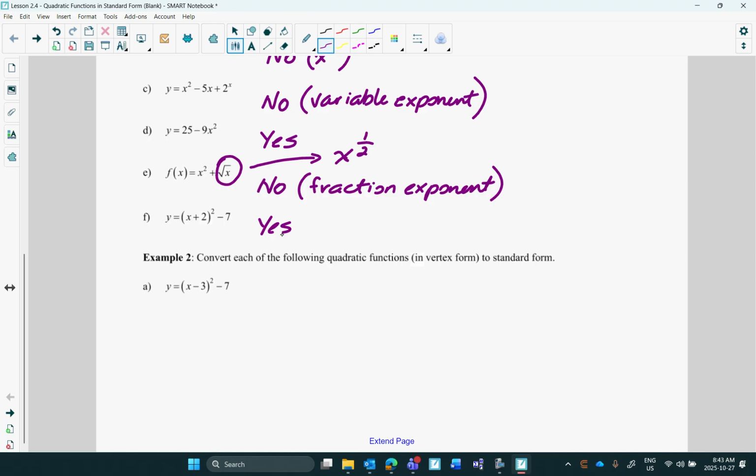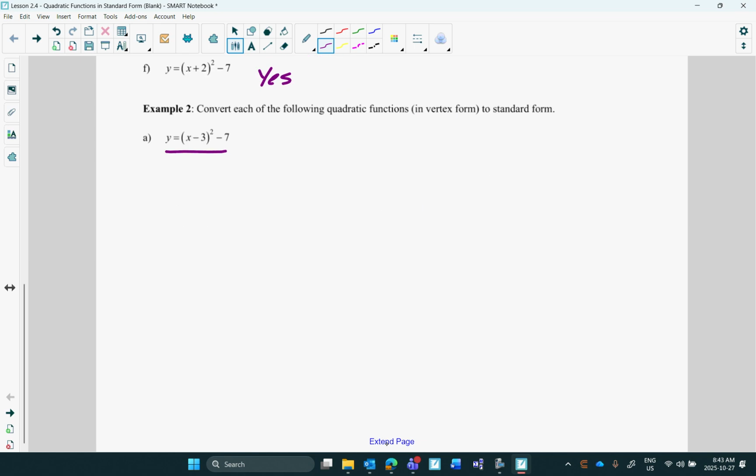We're used to seeing functions in vertex form. This time, we want to write it in standard form. We want to make this look like this. How do we do that?